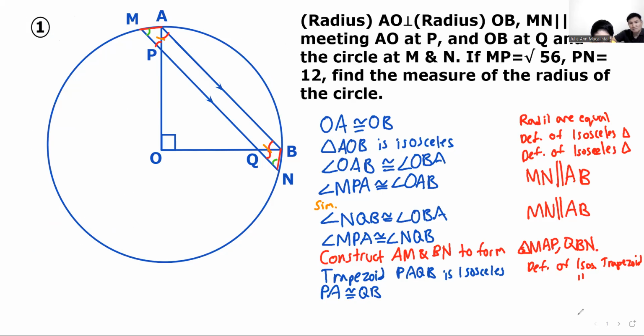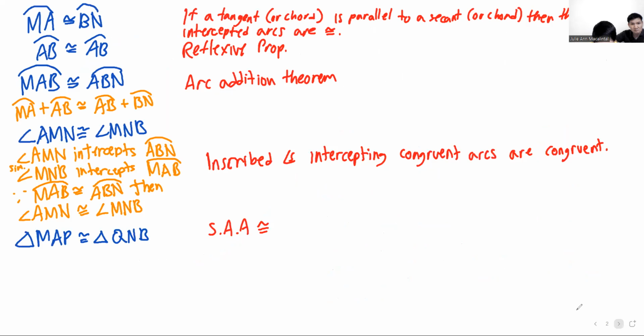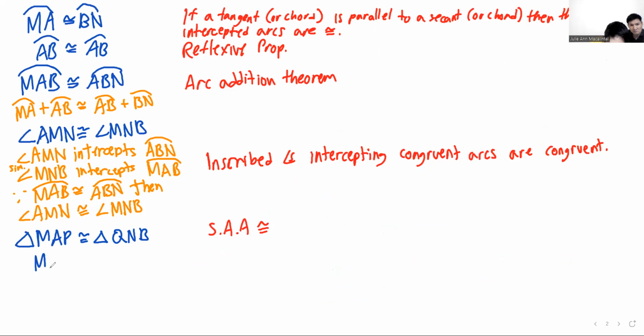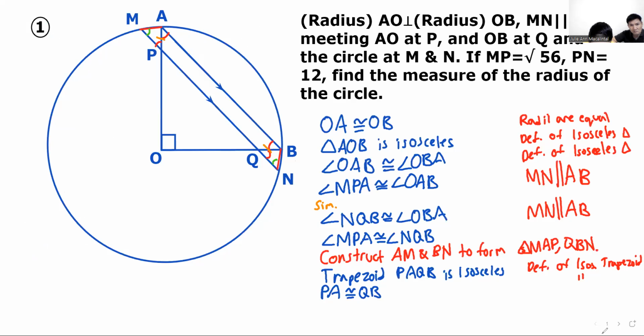So now we will start using the measures instead of just proving. If triangle MAP is congruent to triangle QBN, then we can conclude by CPCTC that MP is congruent to QN.